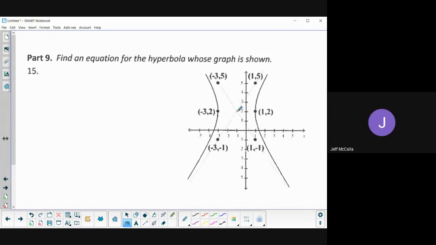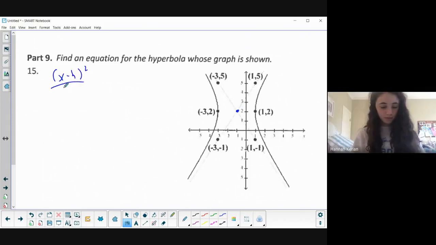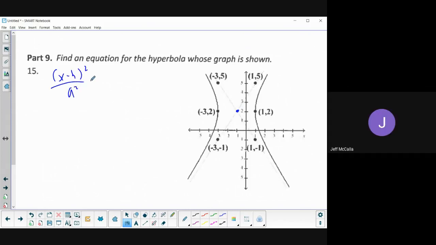Anytime you're doing a problem, it just helps to identify the h and k. And then I always write out the formula right away. You know this is a horizontal hyperbola, so you would write out x minus h squared over a squared minus y minus k squared over b squared equals 1.